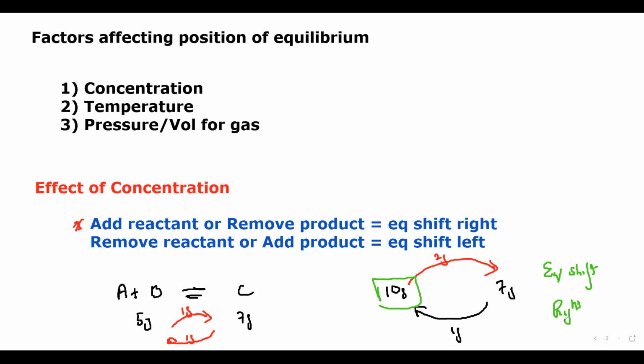The second is temperature. The effect of the temperature depends on the type of the reaction. Temperature can affect the rate of the reaction. It can also alter the position of equilibrium or the balance.